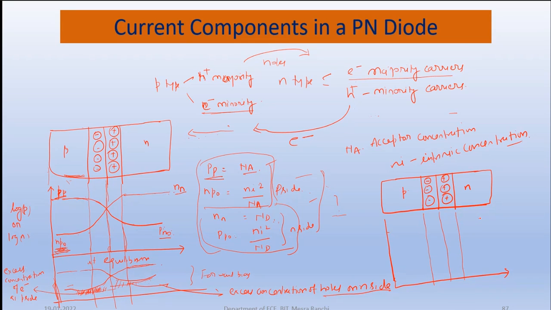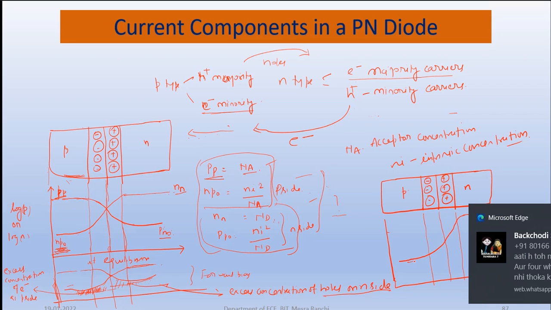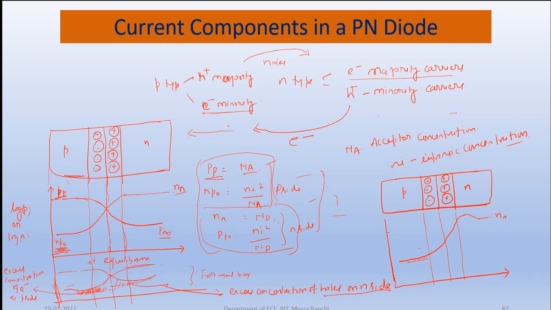So once you apply a bias, suddenly there will be more charge carriers, an excess will be there. This excess of charge carriers occurs due to, these are the excess concentration of holes on the n side. Similarly, excess concentration of electrons at the p side.